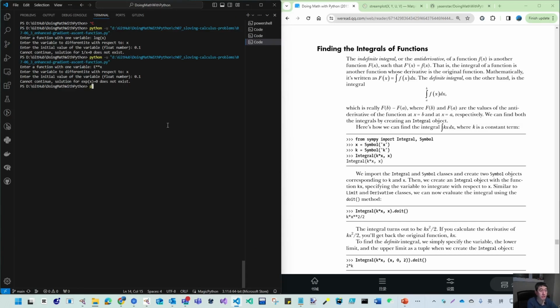Let's practice this in the Python terminal. Now let's import from SymPy. We import Symbol, since we should naturally define certain variables as symbols. Then we import Integral.